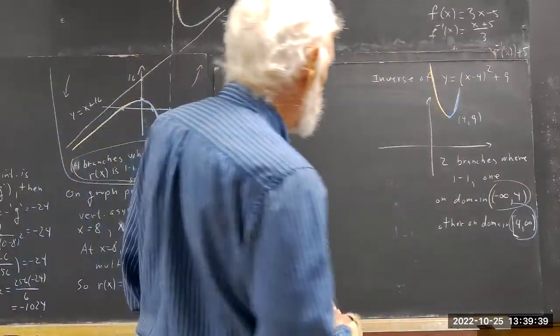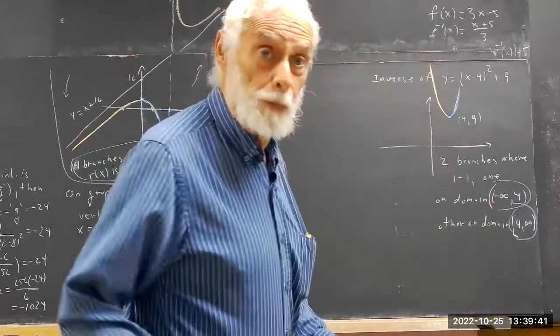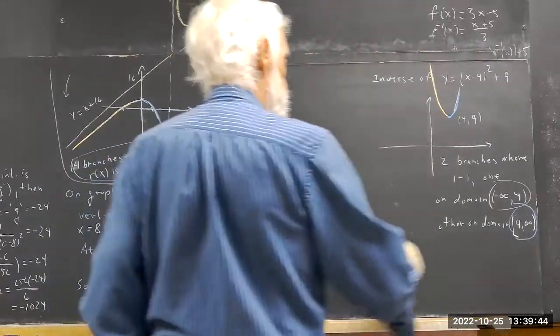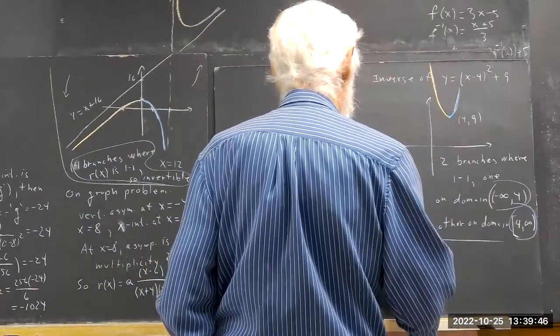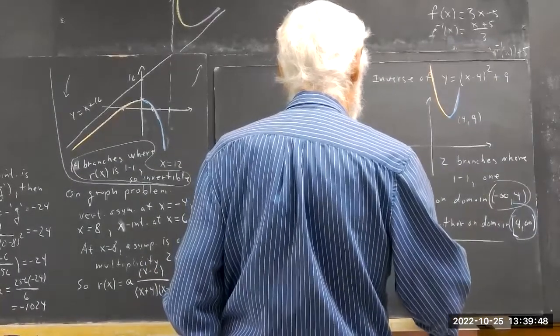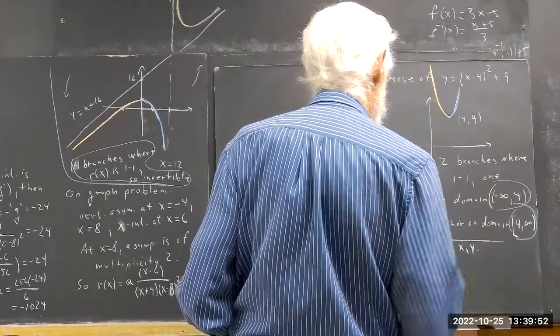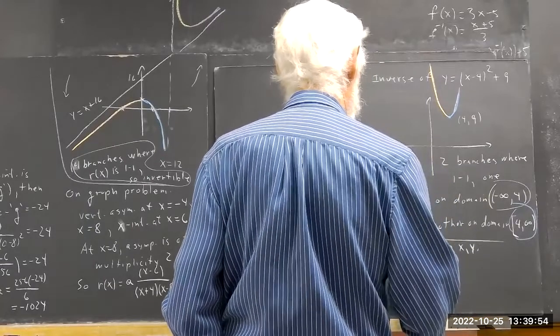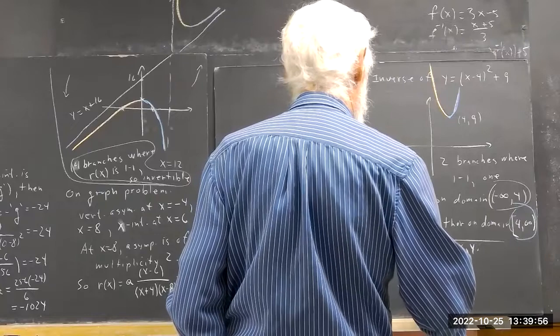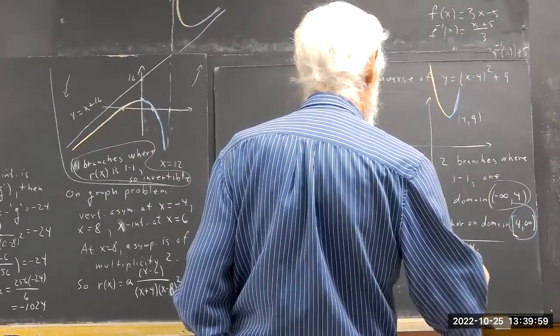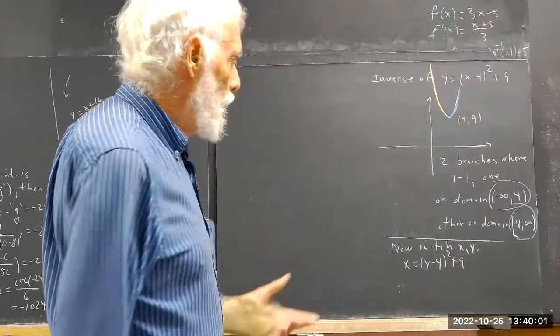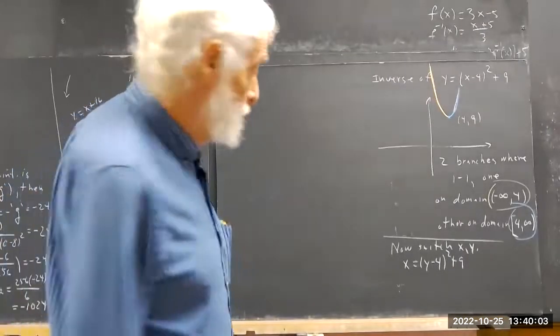Well, let's see what happens. We're going to switch x and y. And we get x equals (y minus 4) squared plus 9.